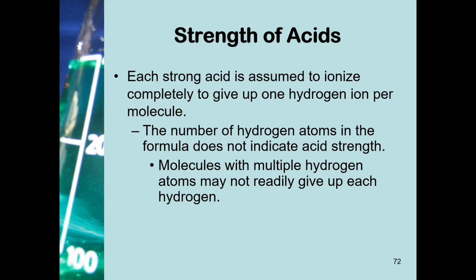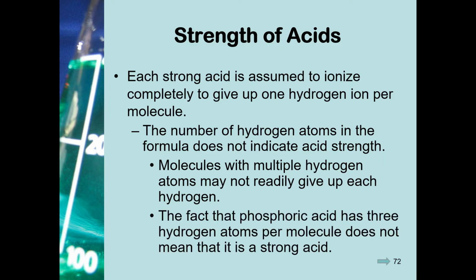So usually when they have multiple hydrogens, it may ionize the first one easily, and then the next one would be more difficult, and the more they have, the more difficult it gets. Okay, so the fact that phosphoric acid has 3 hydrogens per molecule doesn't mean that it's a strong acid. It still goes back to how polar is the molecule and what's the bond strength.